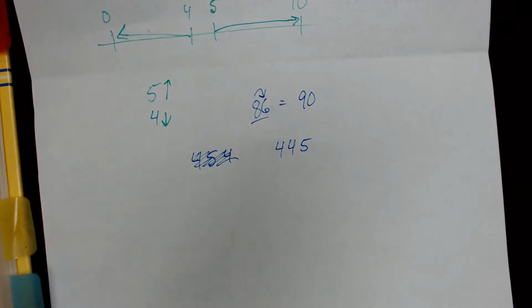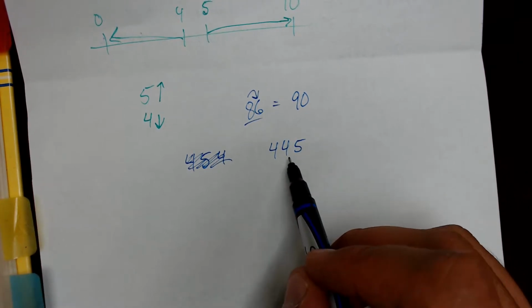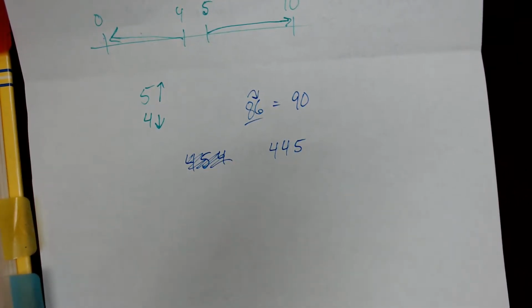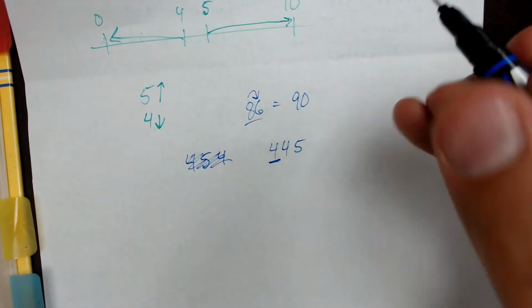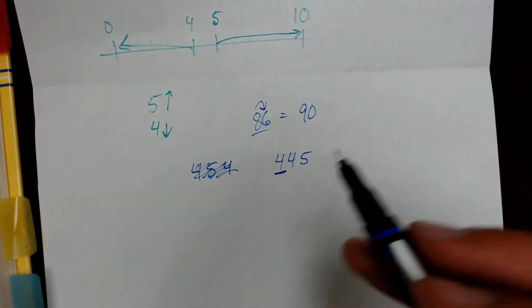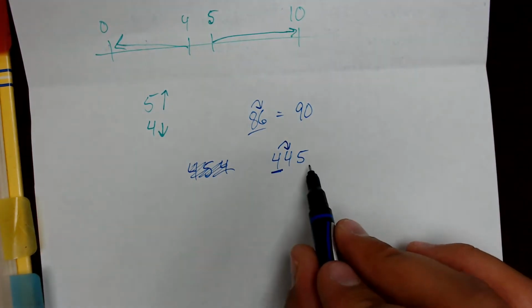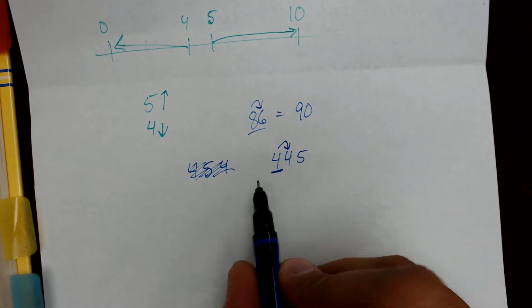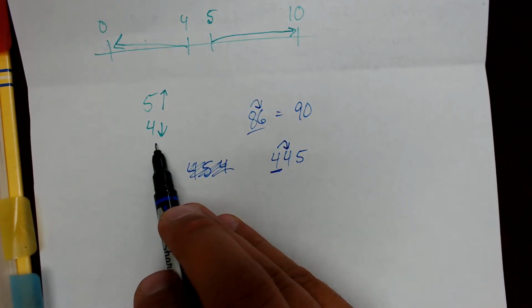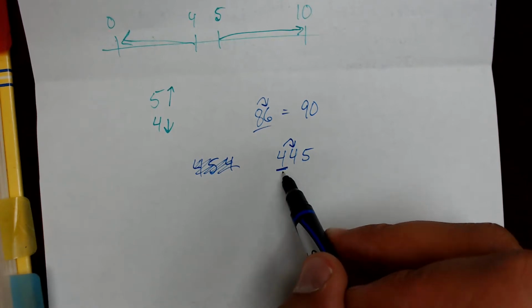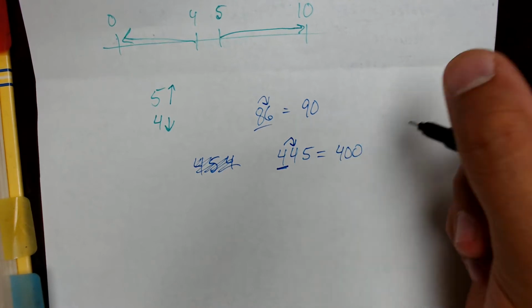Now, some of you will be tempted, since we're rounding to the nearest 100, to round this 45 up to 50, and that is wrong. Remember, when we're looking to round, we look at the place value we want to round to, in this case the hundreds place, and I'm only going to look at the number immediately to the right. I do not care about any numbers after that. So I look at the 4, the number immediately to the right, that falls in 4 and below, so this is just going to round down to 400. So to the nearest 100, that would be 400.